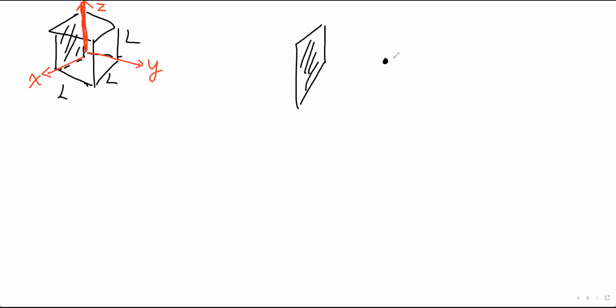We use the symbol C for the velocity of the gas molecule, right? And this velocity can be decomposed into 3 components: Vz, Vy, and Vx.